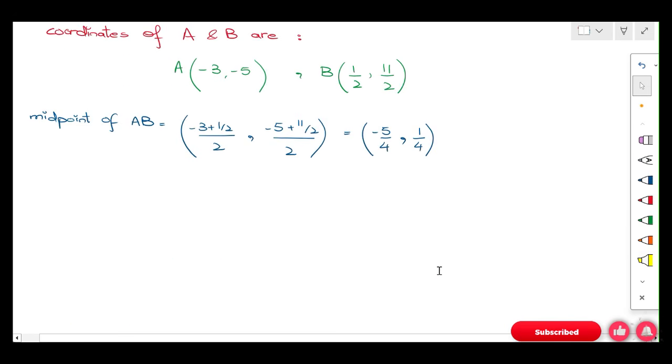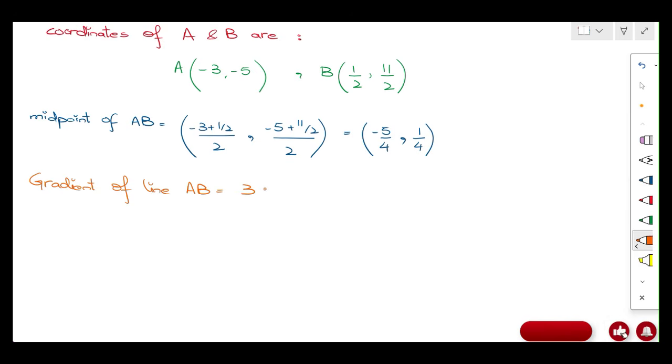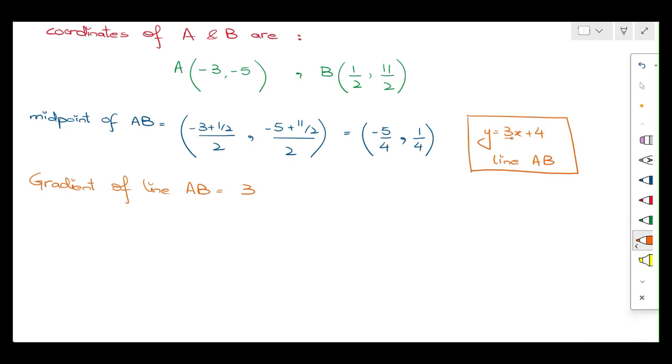Here we can say the gradient or the slope of line AB is 3. Line AB is y equals 3x plus 4. This is the line AB.